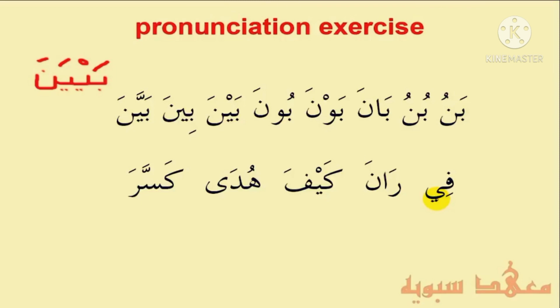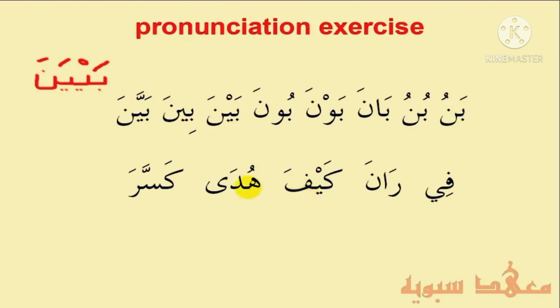Okay, next we have, and you notice here the long vowel as well, rana. And rana is a verb which means to cover in dirt or rust. Next word is kayfa. Kayfa means how. So for example, if you meet somebody and say kayfa haluka, how are you?